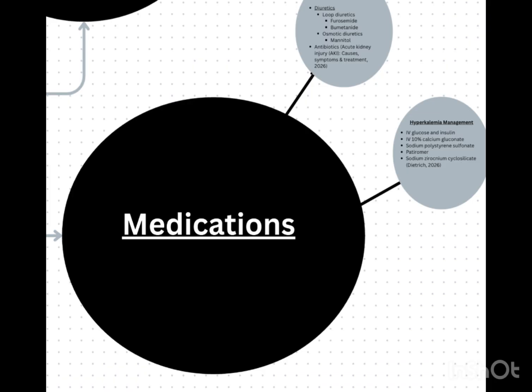Patiromer and sodium zirconium cyclosilicate. So remember, high potassium is life-threatening due to cardiac arrest risk, right? Insulin glucose drives potassium back inside the cells temporarily. Calcium protects the heart muscle membrane stability, and it binds actively to remove potassium from the body.